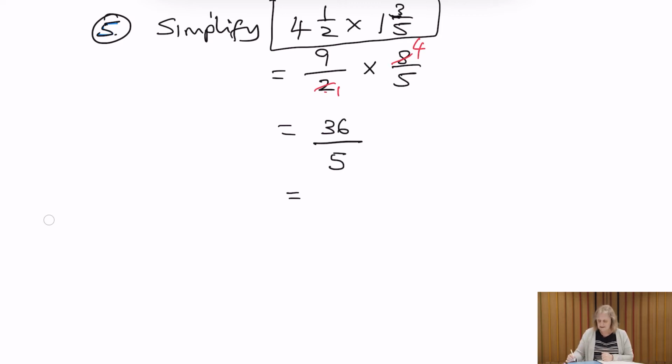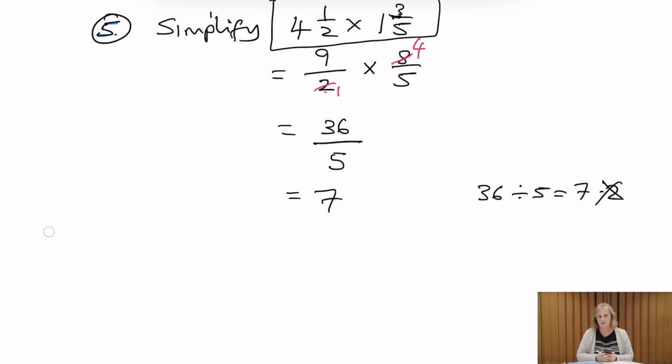So 36 divided by 5 gives us 7.2 on the calculator. If you use this method, we just want the whole number, so we know that we've got 7.